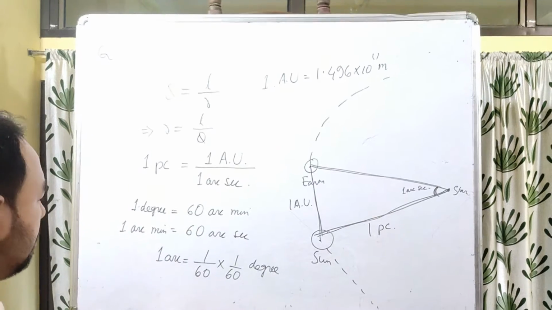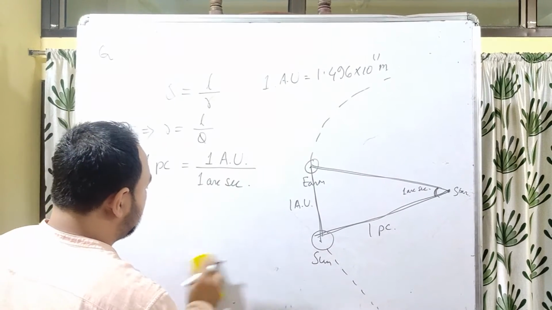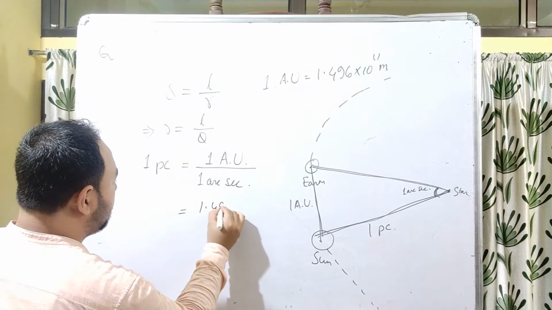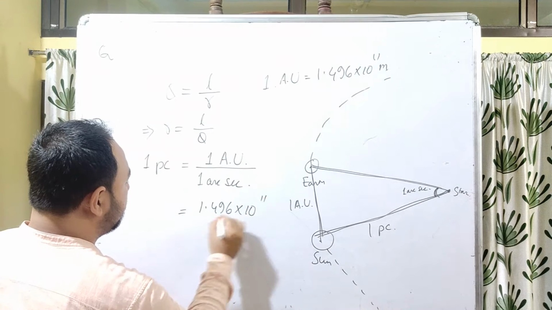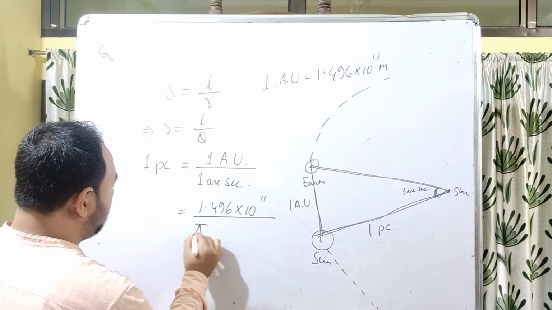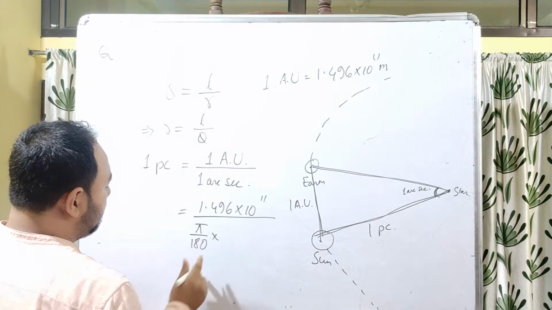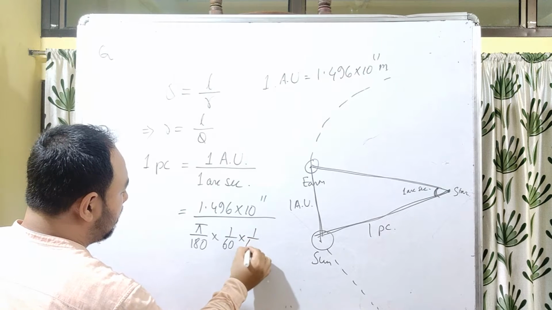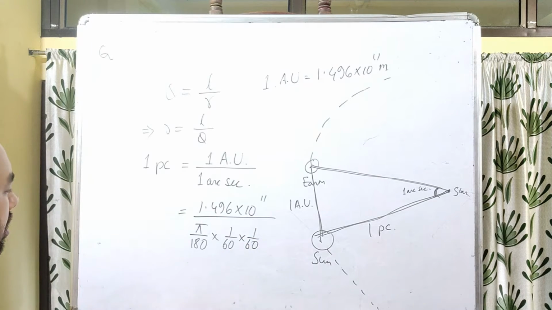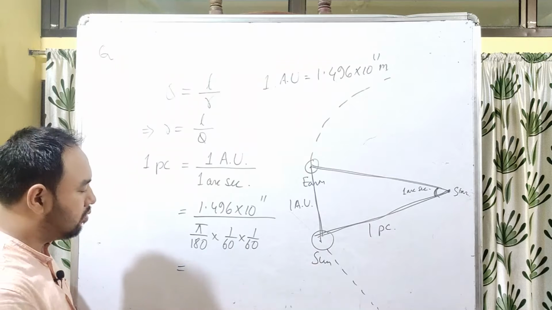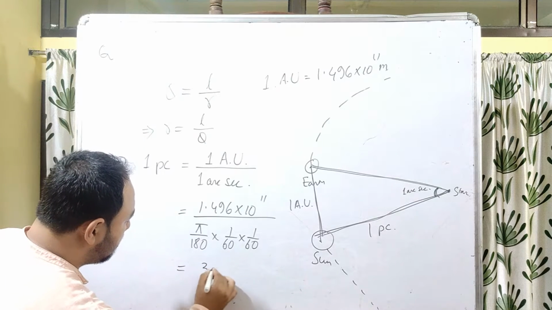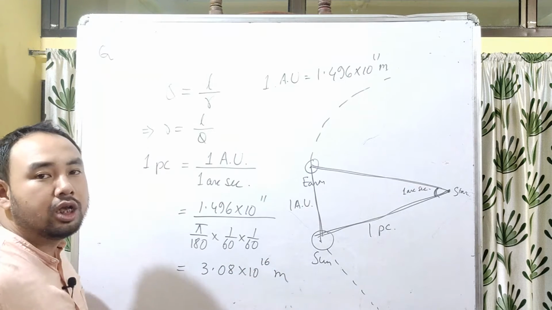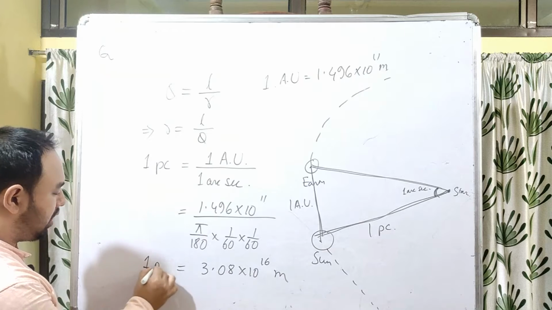Using these values, we can calculate 1 parsec to be 1.496 × 10^11 divided by (π/180 × 1/60 × 1/60), with the degree to radian conversion. If you calculate, this value will come around 3.08 × 10^16 meter. So this is the value of 1 parsec.